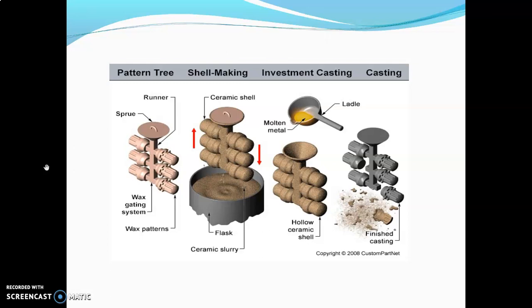We first prepare the pattern, then we coat that pattern with the help of ceramic slurry, or we prepare the ceramic shell, then we remove the wax from that shell, and again we pour the molten metal because we have created the cavity inside the shell. Then after solidification you will get the final product. So this is the finished casting, as you can see in the last figure. This is a very simple concept of investment casting.